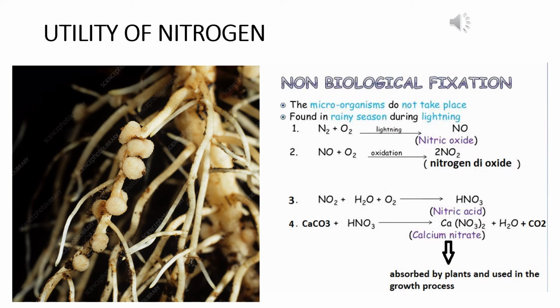Non-biological nitrogen fixation takes place in the rainy season or during storms by the lightning process. It also goes through some chemical reactions and fixes the nitrogen into soluble nitrate form, which gets used by the plant, and by eating some plant parts, the animals also get access to that nitrogen.